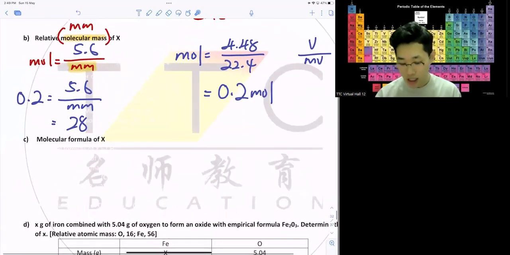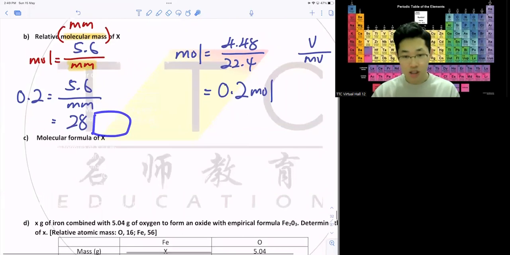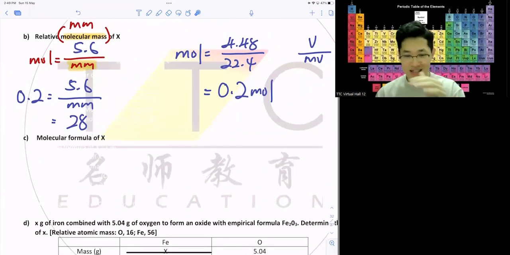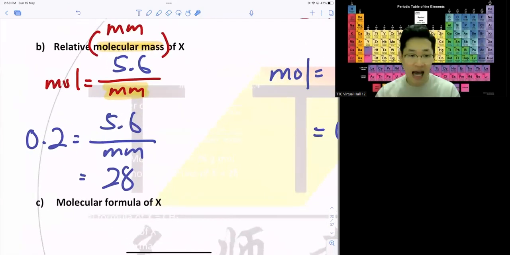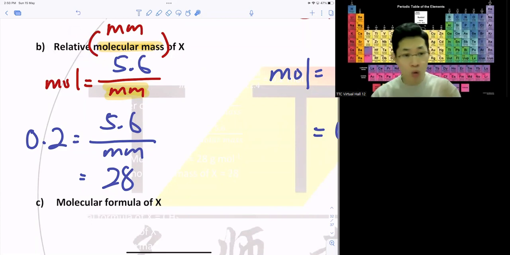What is the unit? Okay, the unit for 28. Okay, so you see, I got most of the answers as gram per mole, but the answer here has no unit. No need for a unit. Why? Because for this question, they are not asking for molar mass. I know they are the same thing, but when they say relative molecular mass, relative has no unit.